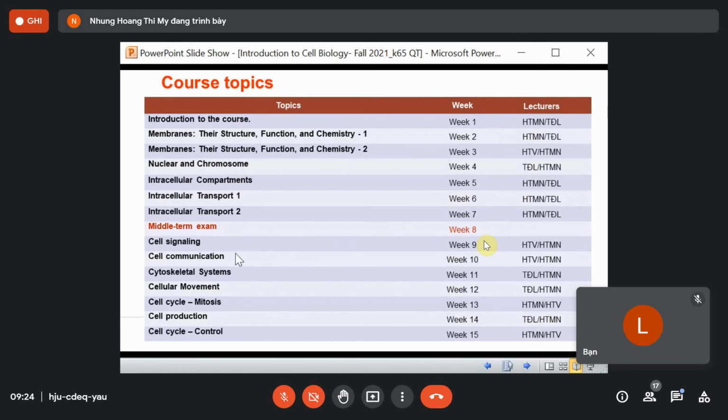The molecules inside the cells can interact with each other, and one molecule can interact with several other molecules and play several functions in each process, in each activity of the cell. So together they connect and make a network of molecules in cell signaling.